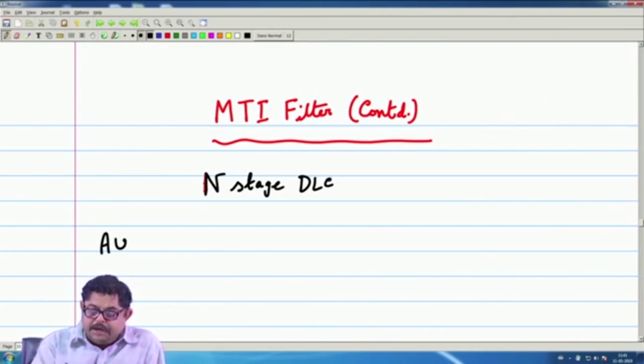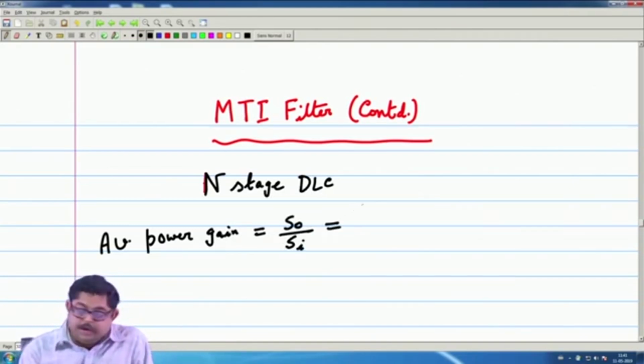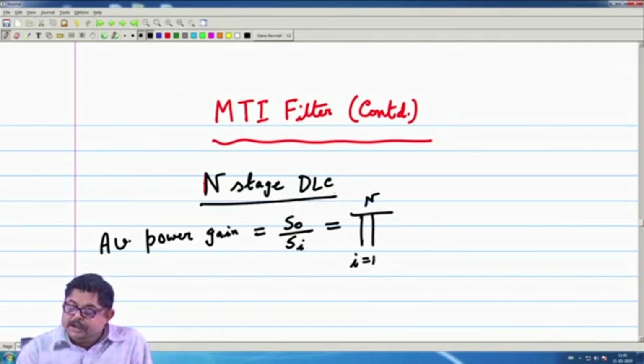We have seen this expression; this actually comes in the improvement factor. This is the multiplication of terms for an n stage DLC.